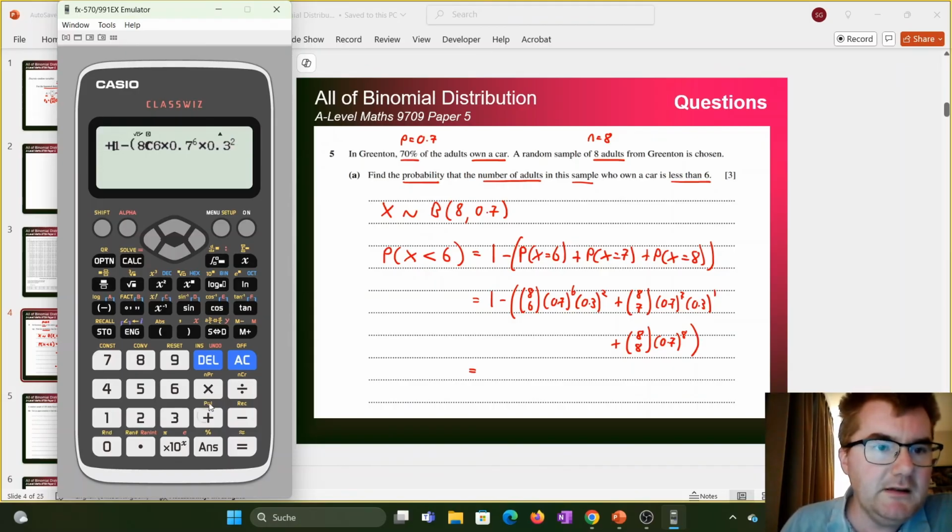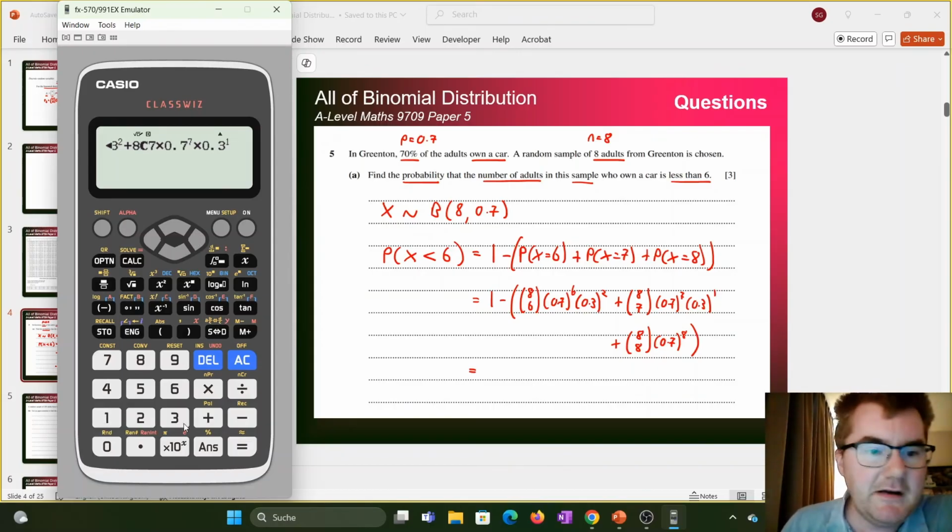And now we do plus, not over there though. That would be a strange place to put it. There we are. So plus, right, 8 choose 7. So C7 times 0.7 to the power of 7 times 0.3 to the power of 1.